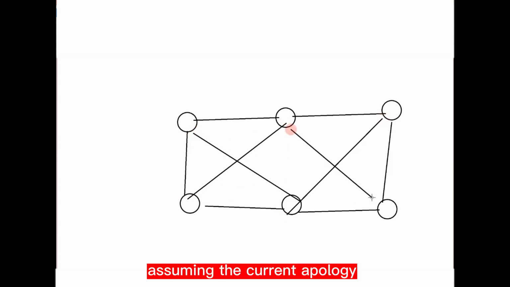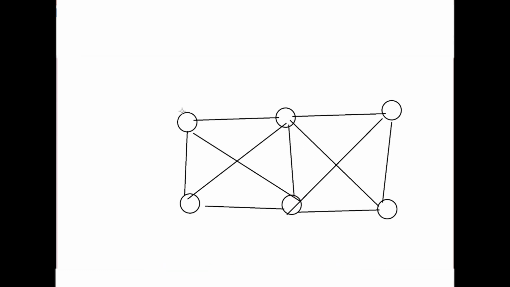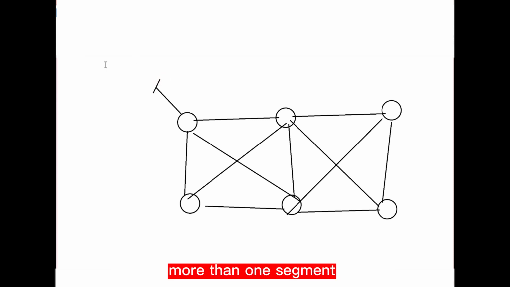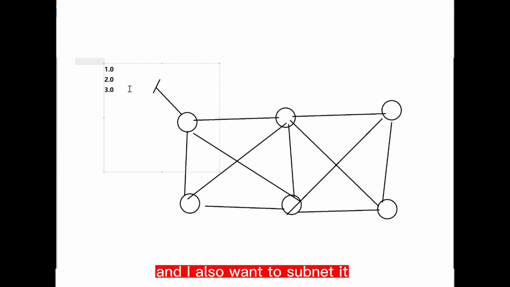Assuming the current topology is connected that way, for example, this device now has more than one network segment. There may be very many subnets: 1.0, 2.0, 3.0 and so on. And I also want to subnet it, not only using the main classes A, B, C.